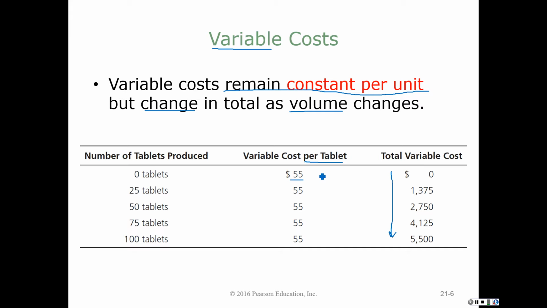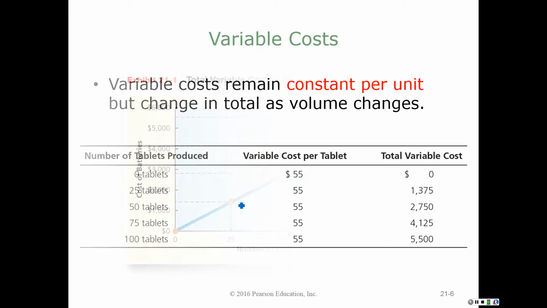If I produce 0 tablets, 0 cost. 25 tablets, $1,375. 100 tablets, $5,500. Okay, so in variable cost, the cost per unit remain constant, but the total cost will increase or decrease with production. So there is a direct relationship between total variable cost and the volume that's taking place in our organization.